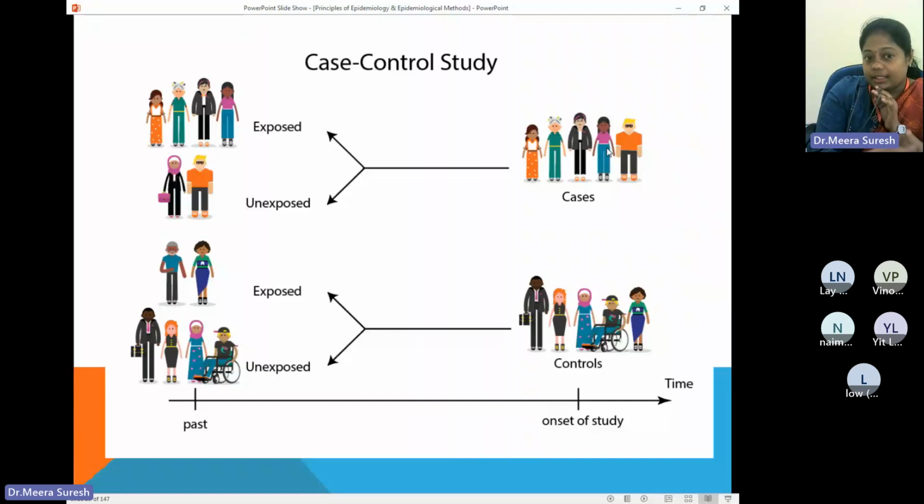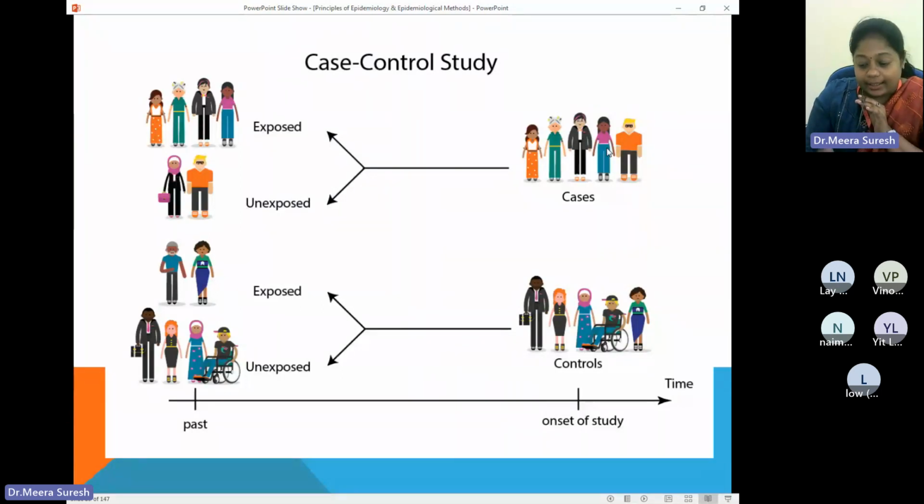So that is why this case control study is called a retrospective study or a backward study, where both the outcome, which is the disease or lung cancer here, and the exposure, that is smoking, had happened even before you started studying. When you go to the cohort study, which is a prospective study, you can differentiate it better.